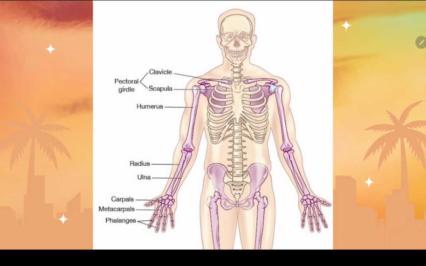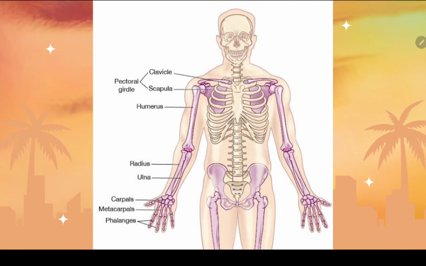Similarly, clavicle on one side is attached to the scapula, and on the other side, it is attached with the manubrium of the sternum, right? Sternum is not the part of pectoral girdle; it's the part of the exoskeleton, right? So now I can revise it like clavicle and the scapula make up the pectoral girdle, right?